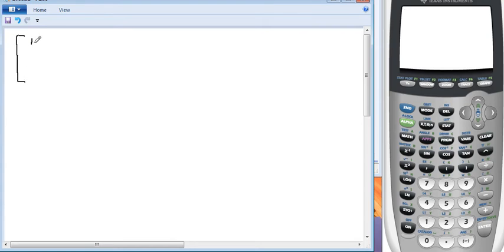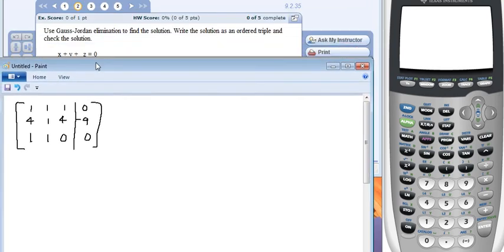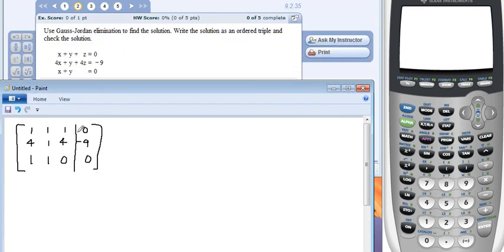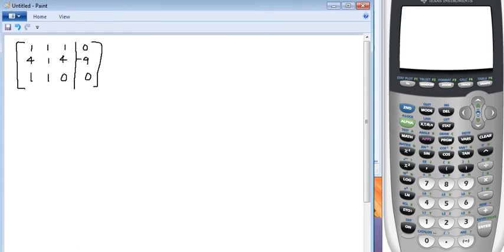So we have 1, 1, 1, 0, 4, 1, 4, -9, 1, 1, 0, 0. Just going to check that before I move forward. Does that look right? 1, 1, 1, 0, that looks good. 4, 1, 4, -9, 1, 1. We've got to have a 0 in the z spot. Okay, perfect.